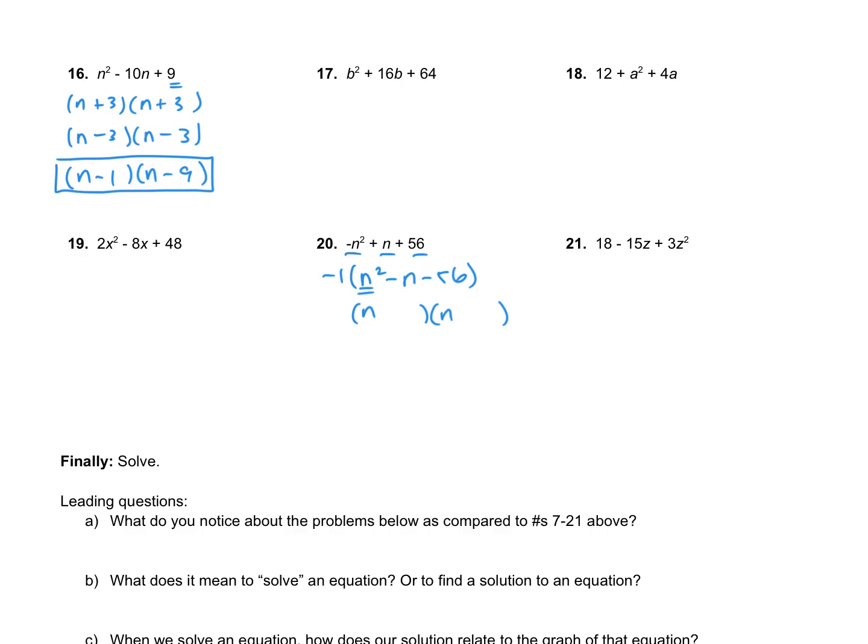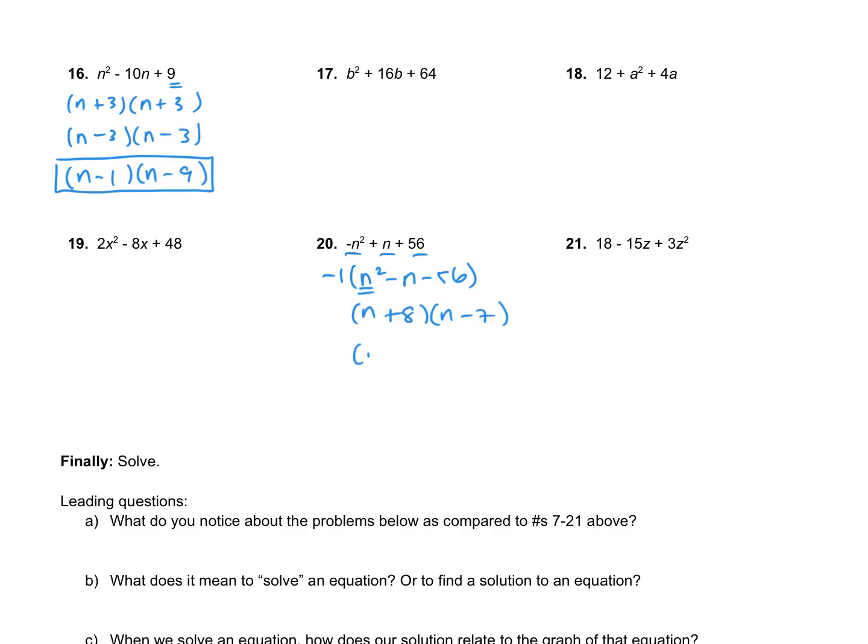So maybe I try to do +8 and -7. Does that give me -56? Yes. Will it give me a -n in the middle? No. What will it give me instead? Positive n, right? I'm going to get 8, and I'm going to get a -7, which gives me positive n. So what does that mean we need to do?